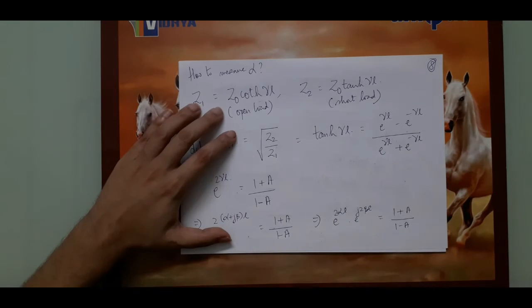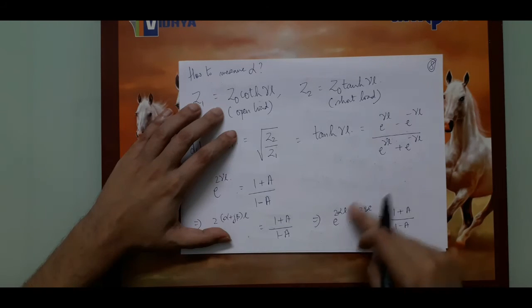Now, this left hand side looks like a polar complex number where this is the magnitude and this is the phase.